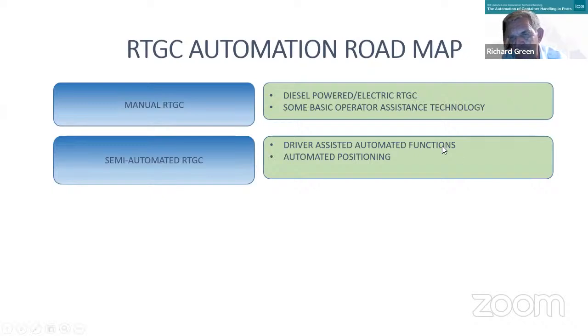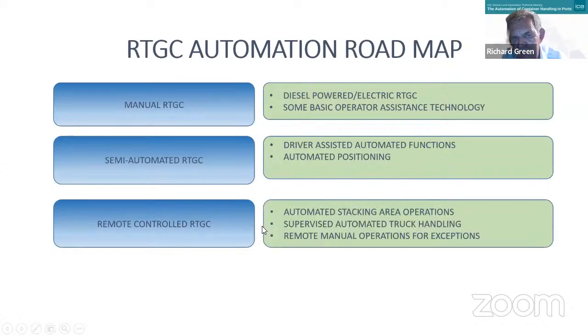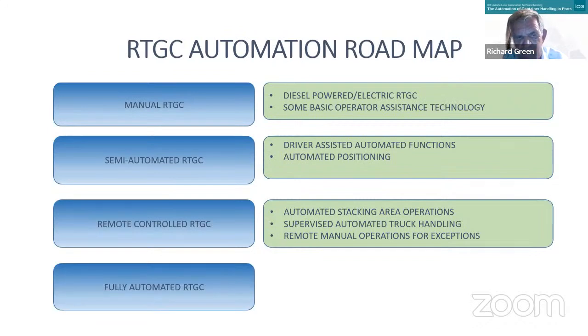Some of the functions were automated positioning. Again, this was brought in maybe 5 years ago. Remote controlled RTGCs, this is where we are now: automated stacking area operations, supervised automated truck handling, remote manual operations for exceptions. In other words, if something goes wrong, then the remote operator can set it right, can override the automatic system.